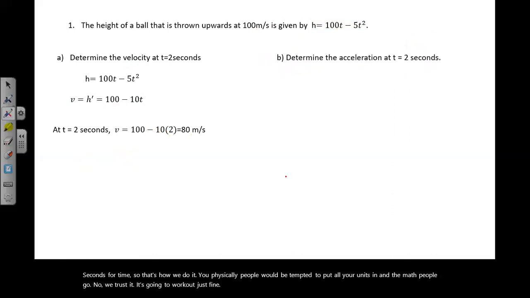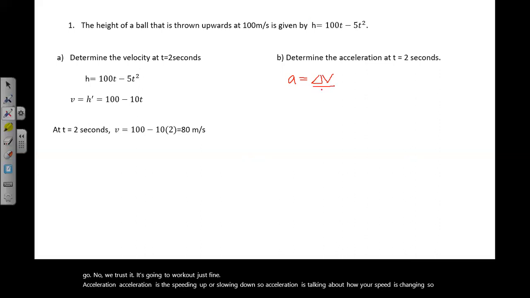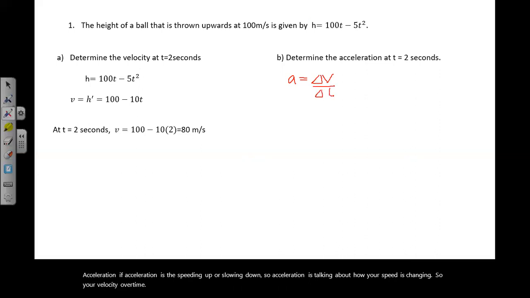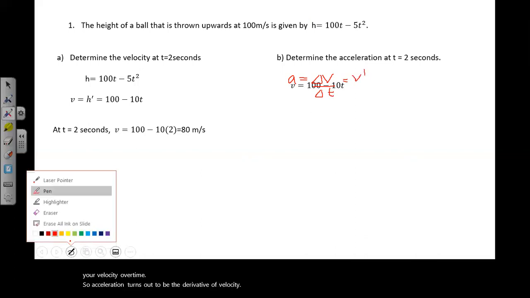All right, acceleration. Oof. Acceleration is the speeding up or slowing down. So acceleration is talking about how your speed is changing, so your velocity over time. So acceleration turns out to be the derivative of velocity. Ooh, how cool is that?